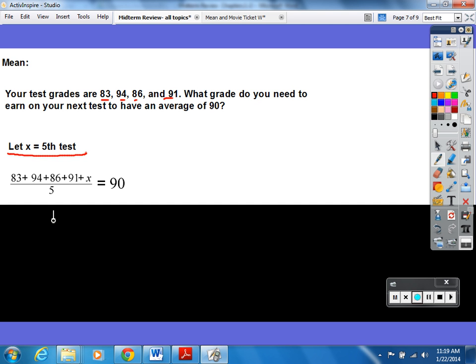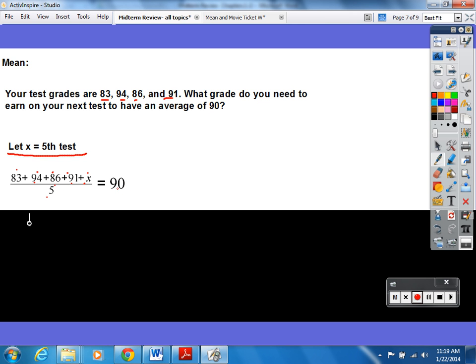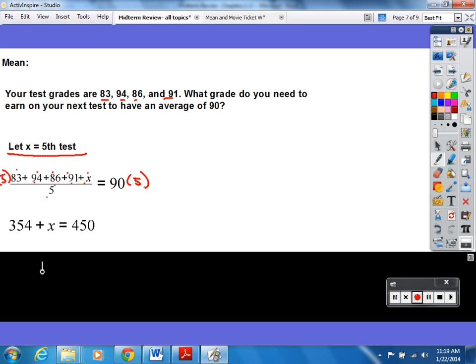83 plus 94 plus 86 plus 91 plus x divided by 5, because there are 1, 2, 3, 4, 5 test scores, is equal to 90. And now we're just going to solve. We're going to multiply each side of the equation by 5. And we'll simplify.